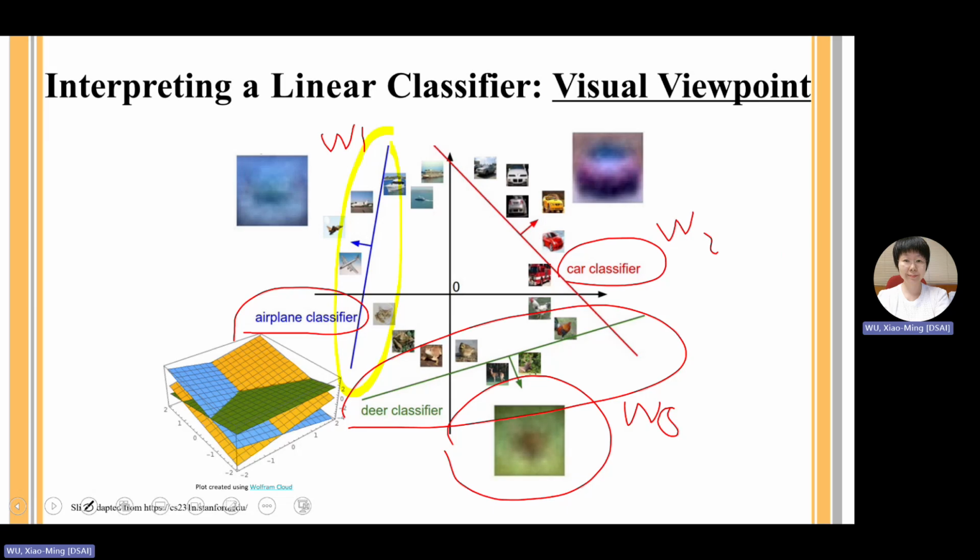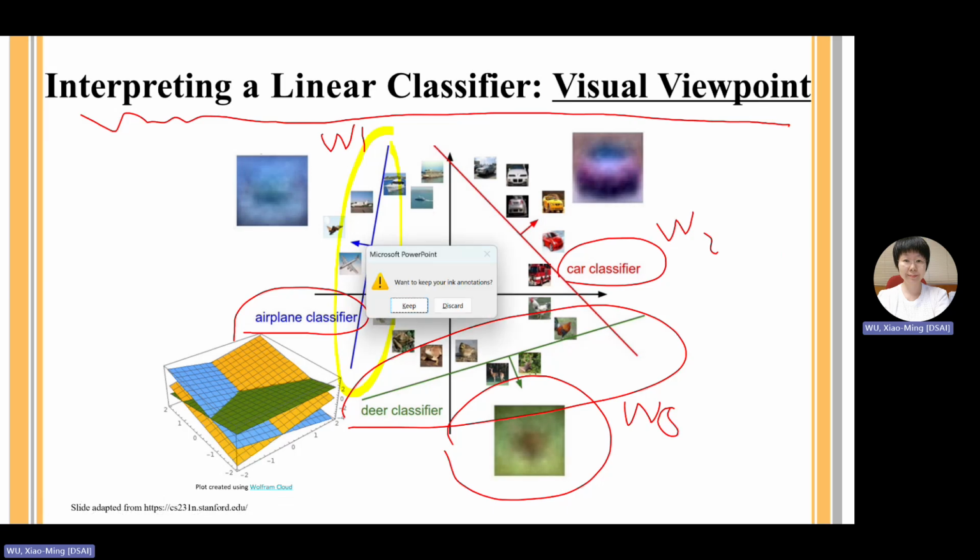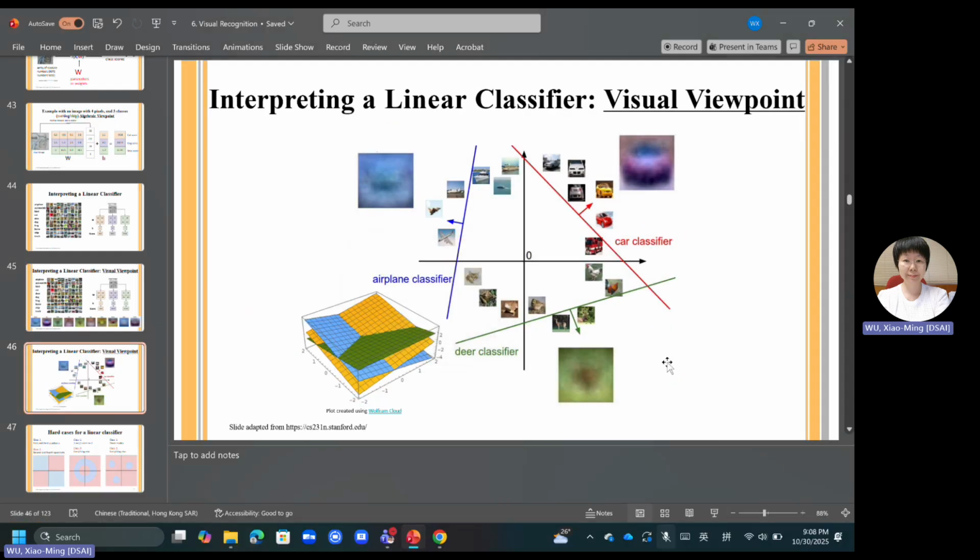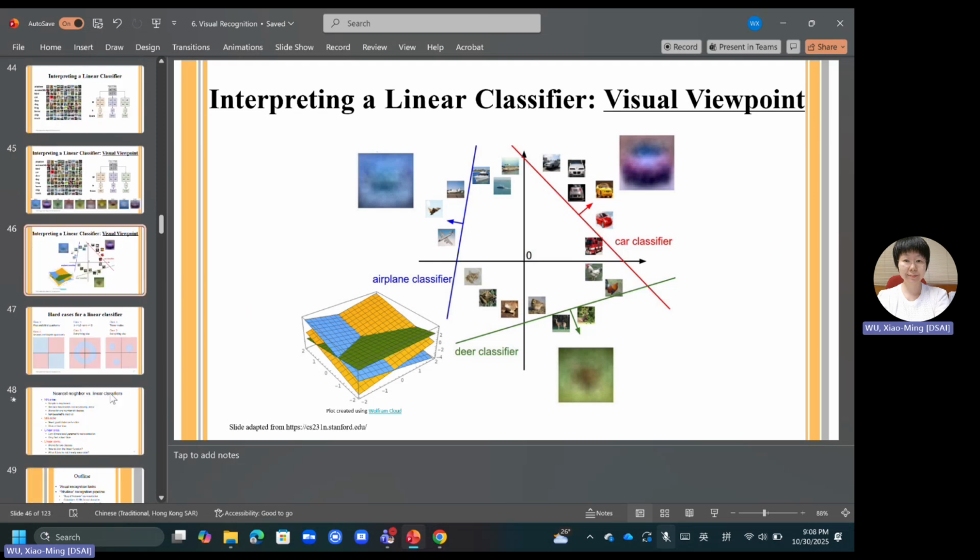That's how we interpret the linear classifier, and they look like the images of the corresponding categories.